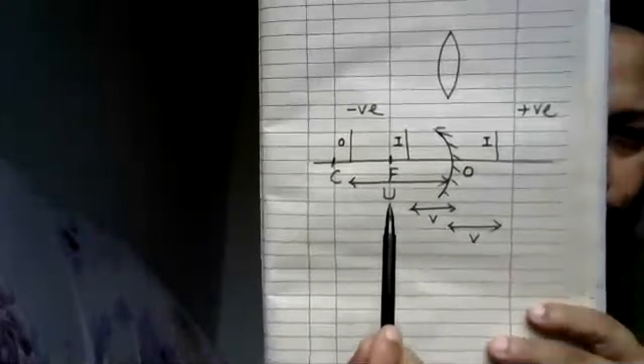So we saw that object distance is always negative, but image distance may be positive or negative. In front of the mirror is always the negative side, and the back side of the mirror is the positive side. So we have to understand all these signs very clearly.